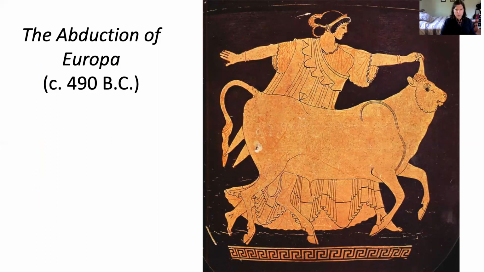This is an example of red figure technique, which in the Classical period really supplants the black figure technique for a couple of reasons. First, just because of the way that red figure painting was created, it allowed for more precise details, because in red figure painting you're actually painting the details rather than painting around them, as it were.